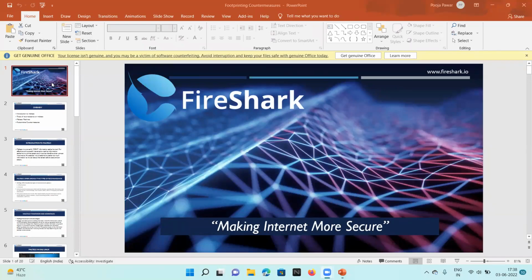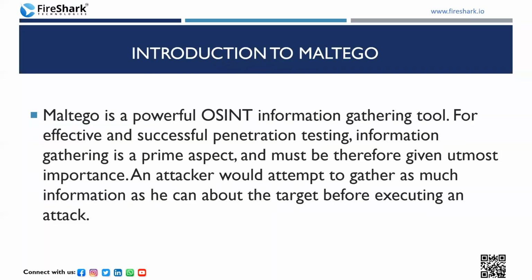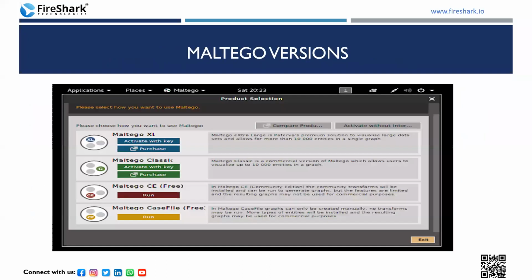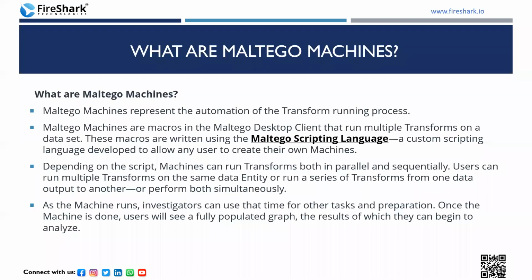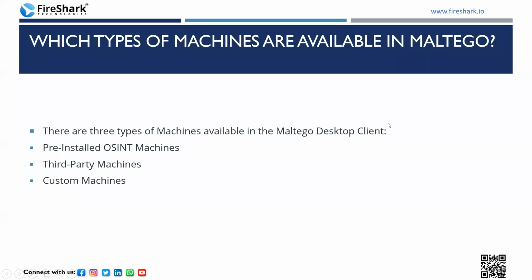So this is about Maltego, and now we see some countermeasures of footprinting. We saw Maltego briefly, and we learned about all of this. We saw that we can use transforms in parallel, sequentially, or both ways.